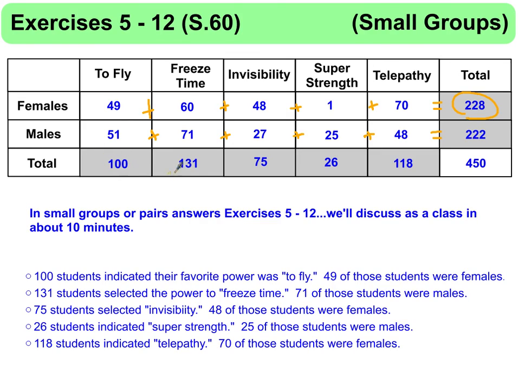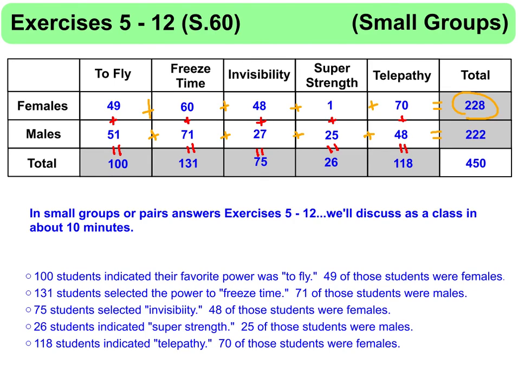These were our marginal frequencies here. This marginal frequency was attained by adding 49 plus 51 equals 100, 60 plus 71 will equal 131, and this same general pattern continues to demonstrate itself down each particular column of the table.